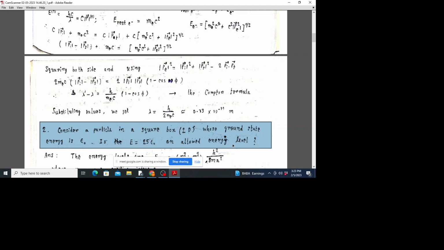The energy levels vary as n square. So not all integral multiples of epsilon naught are allowed energy levels. Only the energy levels that vary as n square are allowed.